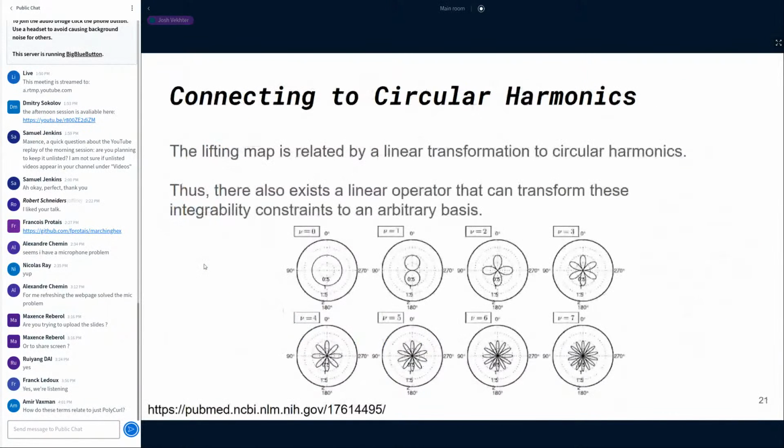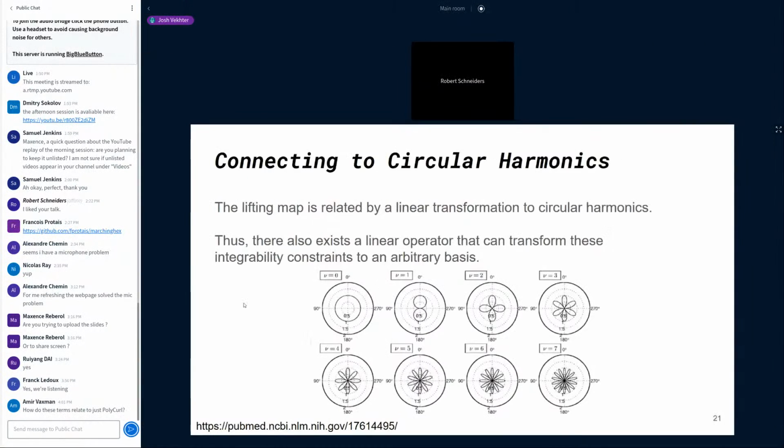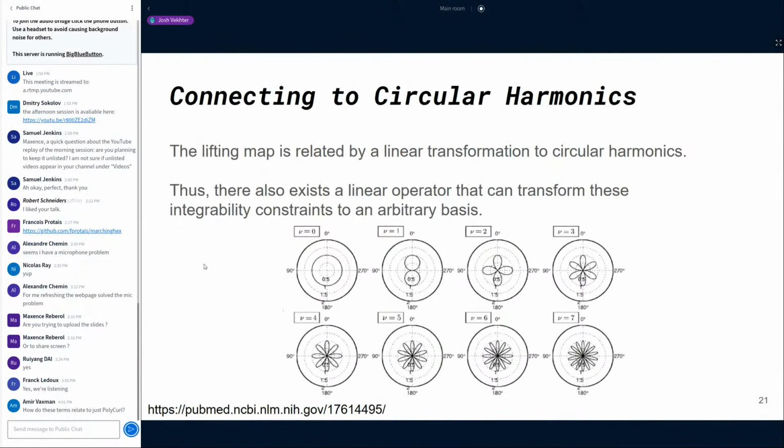The rotations are a bit complicated, but because our lifting maps are either spherically or circularly symmetric, there's a connection to circular or spherical harmonics. You can perform a linear change of basis from the moment space to the harmonic case, which lets you prove that these rotation operators must exist, and there must be a linear transform which gives you them. So numerically, it's not too bad to do.